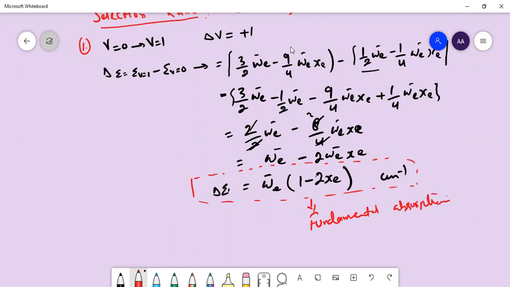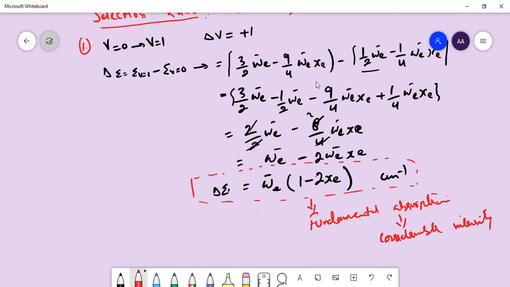What we mean by fundamental absorption is when the transition takes place from the 0 energy level to the first energy level, that value corresponds to our fundamental absorption, and this absorption appears with considerable intensity. Considerable intensity means the transition will appear with a very good intensity.